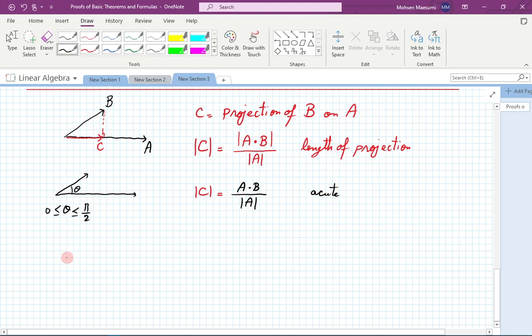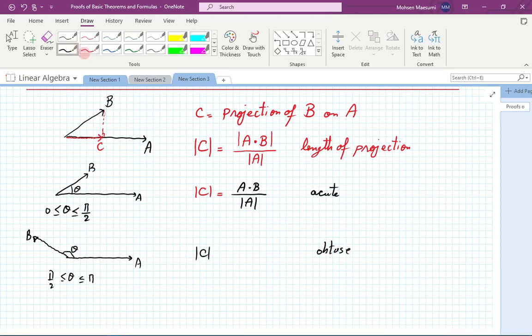And in case you were dealing with, so this was A, this was B, again A. Now what if this angle theta was between pi over 2 and pi? That's an obtuse case. And if you want to catch the length of C, so what's the issue here?